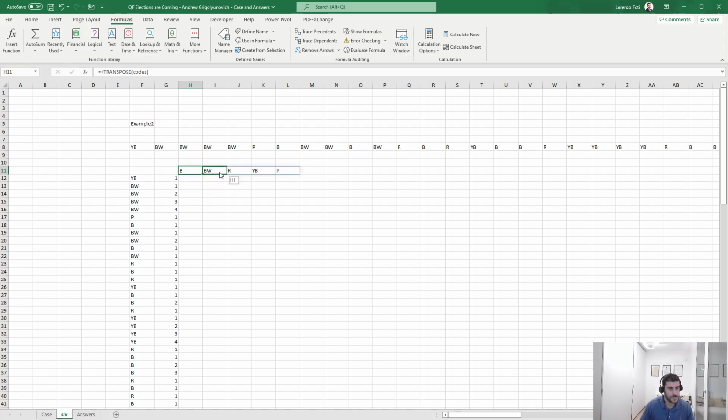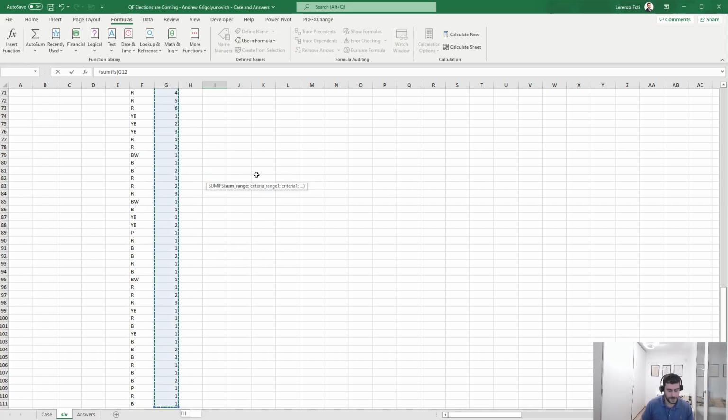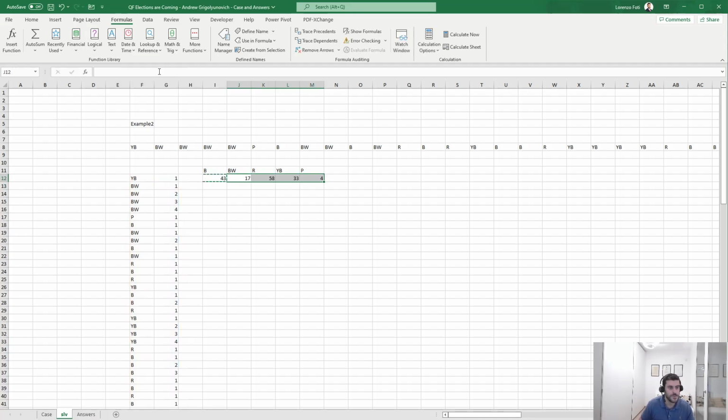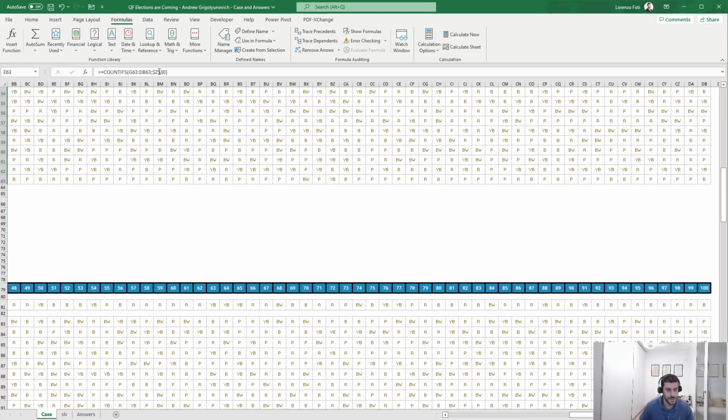And then SUMIFS of this lock against this lock. Lock the row. While I have array formulas, I'm never able to lock with one command.